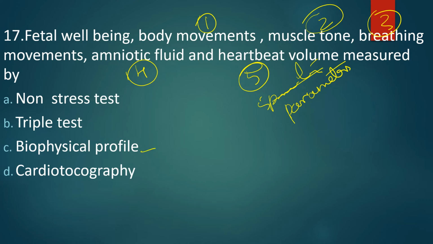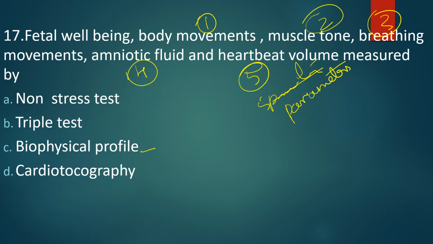Option A is non-stress test. What is called non-stress test? Non-stress test is nothing but which is done to check whether the fetus is tolerating the uterine stress on delivery.